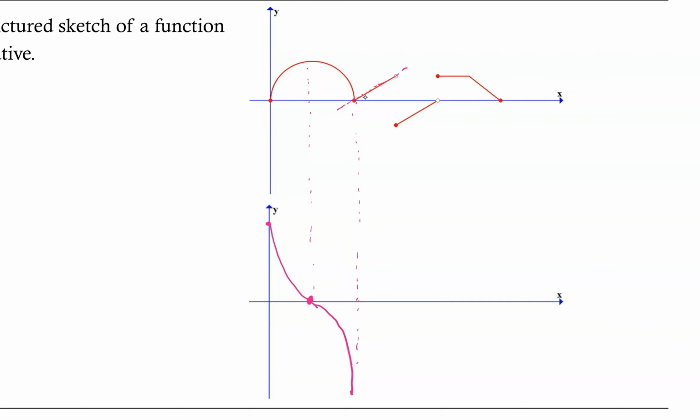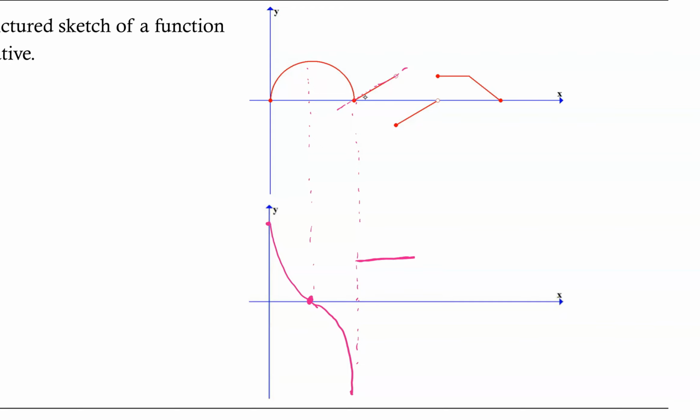So that's going to be constant, so that's going to end up being a horizontal line. And we're just going to estimate and say that our slope of our tangent line here is roughly at about this height. And that should be a horizontal line.